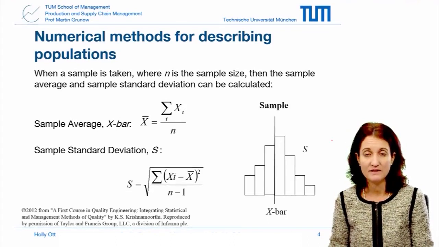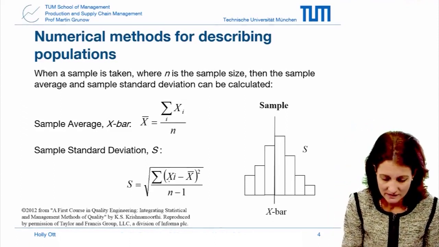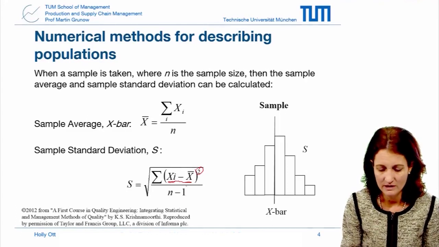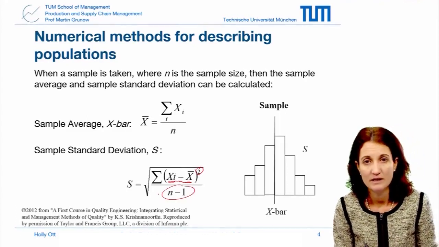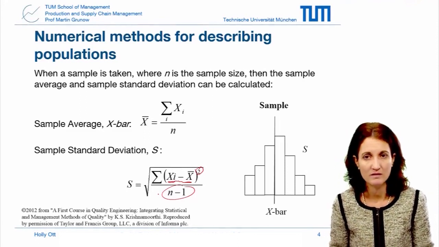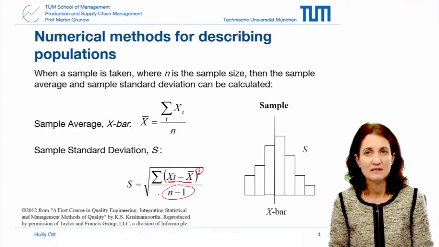The sample standard deviation is the square root of the sum of the squared differences of every value from the average, divided by n minus 1. And the assumption for this is that all of our random variables are independent and identically distributed.